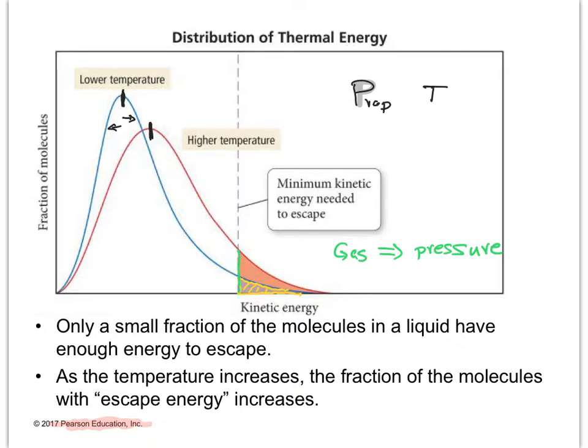Now, a greater fraction of those molecules have enough energy to overcome the intermolecular forces. Right? So more molecules can escape. So in general, at a higher temperature, we get a greater vapor pressure. Okay? So that's what we're looking at with the relationship between temperature and vapor pressure.